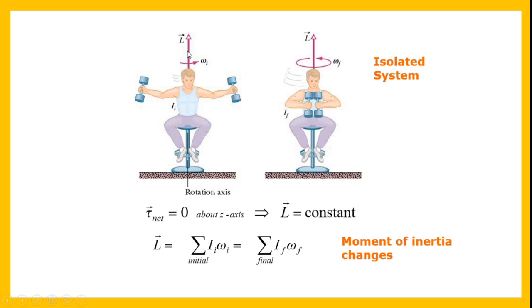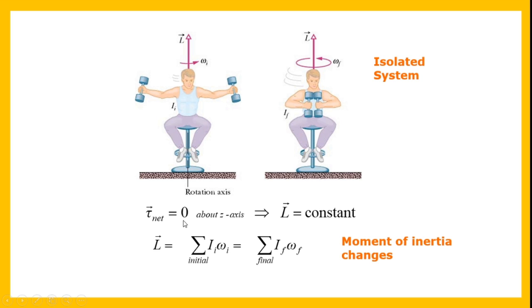As he is stretching, the moment of inertia is Ii. As the initial moment of inertia is more, his initial angular velocity will be less. But when he folds his arms inside, his final moment of inertia is reduced, so his angular velocity increases rapidly. So he moves at a faster pace.